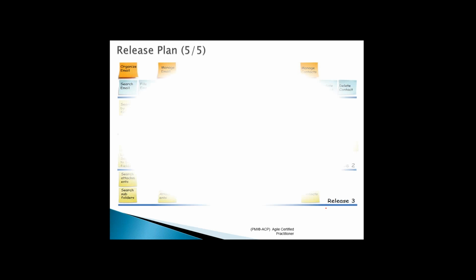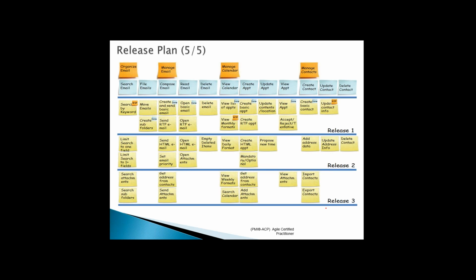Then we have the last thing. This is similar to your affinity diagram, right? Or theme, right? You give a theme to each and every release. So these are all the various requirements which we have, right?